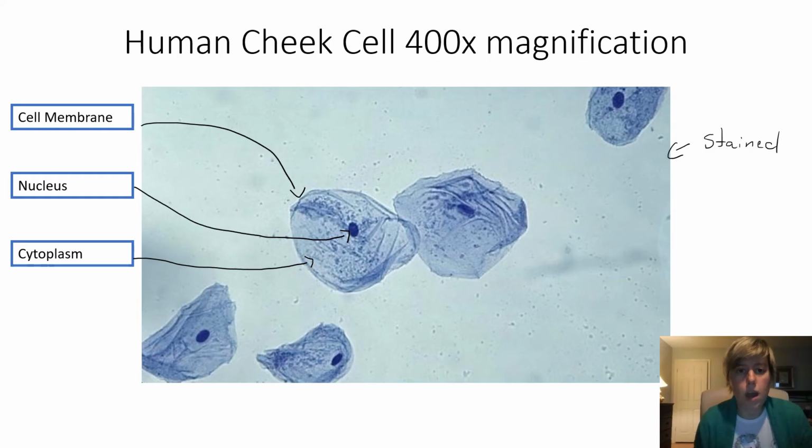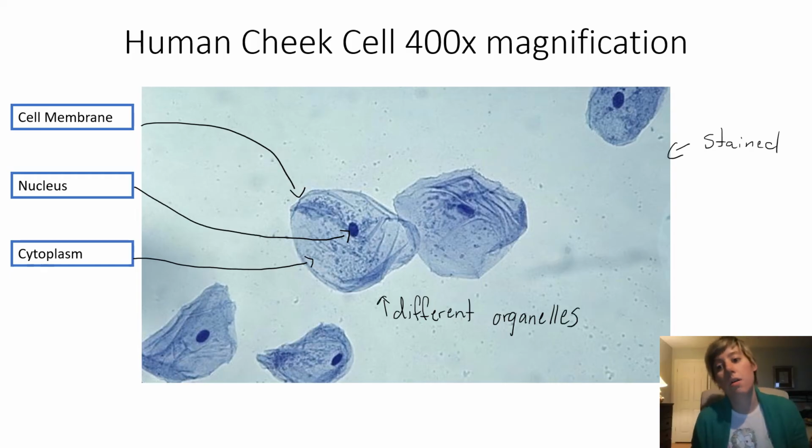Now, if we're looking at our cheek cell, we can see specks of color stained in the cell, and those are basically different organelles. But the thing is we can't actually tell based on the magnification what the organelles are.